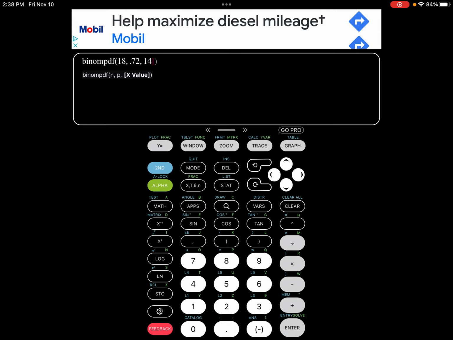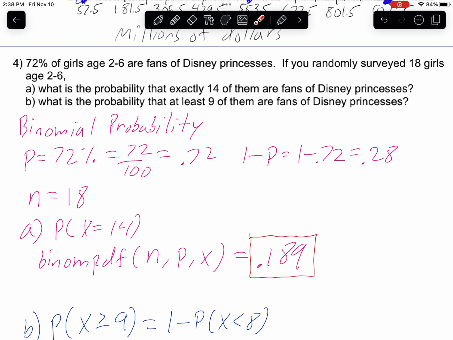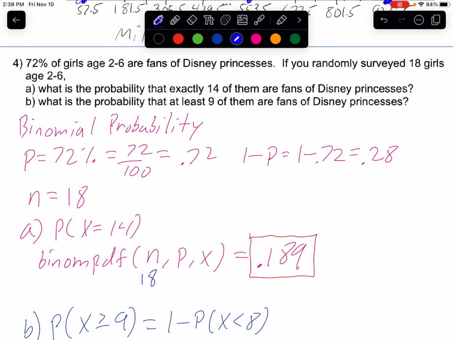And then X is going to be equal to 14. Hit enter, and here is our value, 0.189. Right, so I'll write this down, which is that N is going to equal 18 here, P is going to be 0.72, and then X is going to be 14.